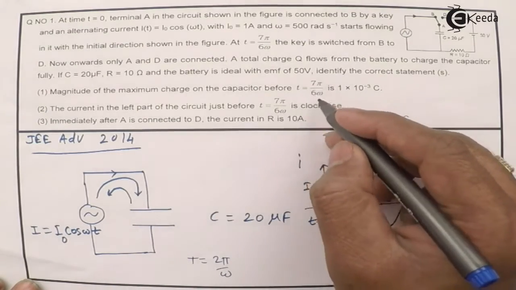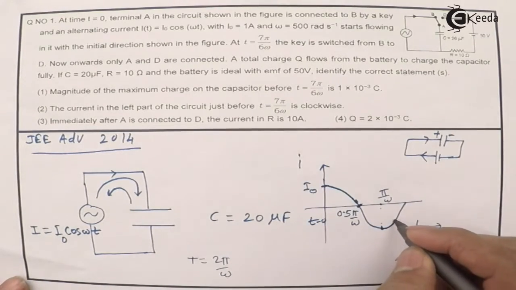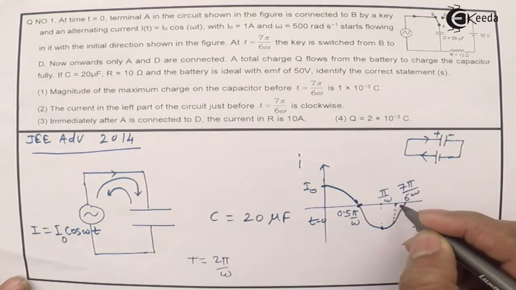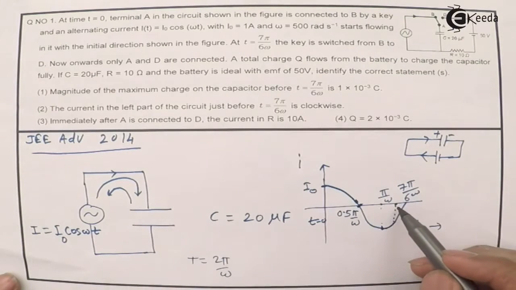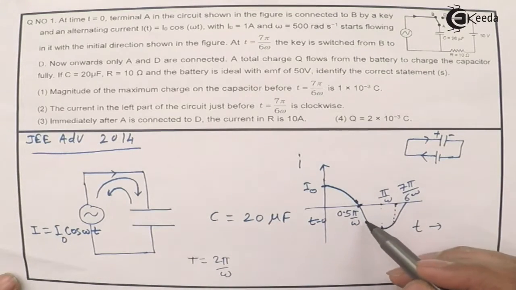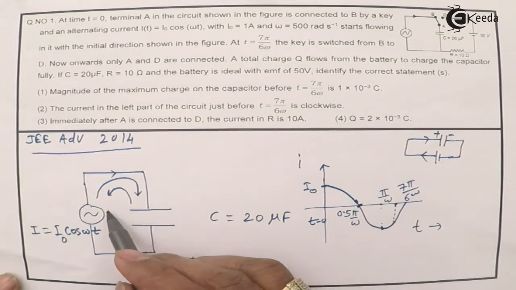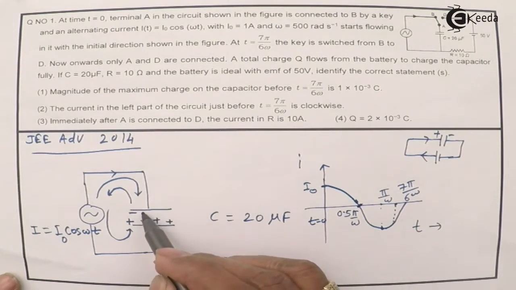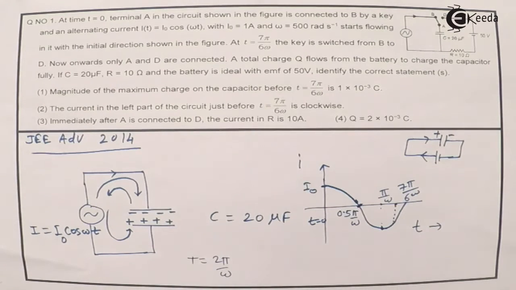And this time, suppose this is 7 pi by 6 omega, somewhere here. So our time is this one. During that time, the current was in the anticlockwise sense, so the current will keep on in that sense. That means this will be positive and this will be negative. So by the time when the time is 7 pi upon 6 omega, the current is in the anticlockwise sense, and the lower plate is positive and the higher plate is negative.